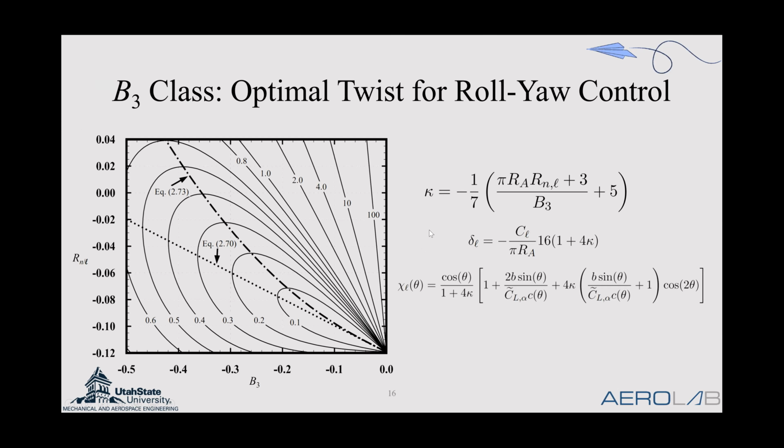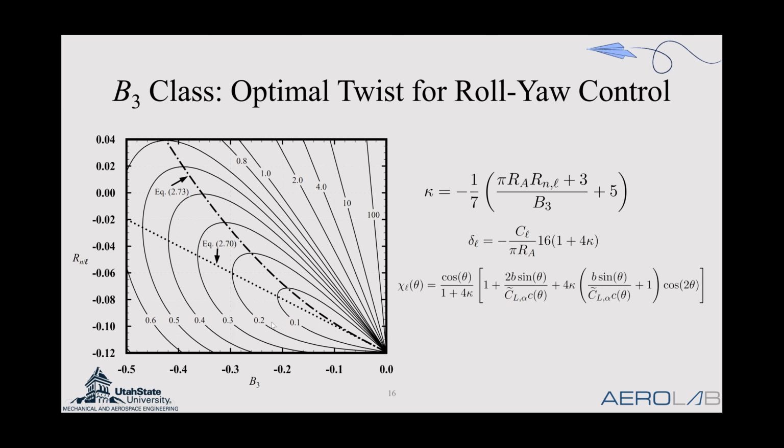This plot on the left shows if we were to use this for the given B3 lift distribution, if we were to use these antisymmetric twist distributions, how does that affect our induced drag? These contours are a percentage increase in induced drag compared to the absolute minimum induced drag for an equivalent rolling maneuver.